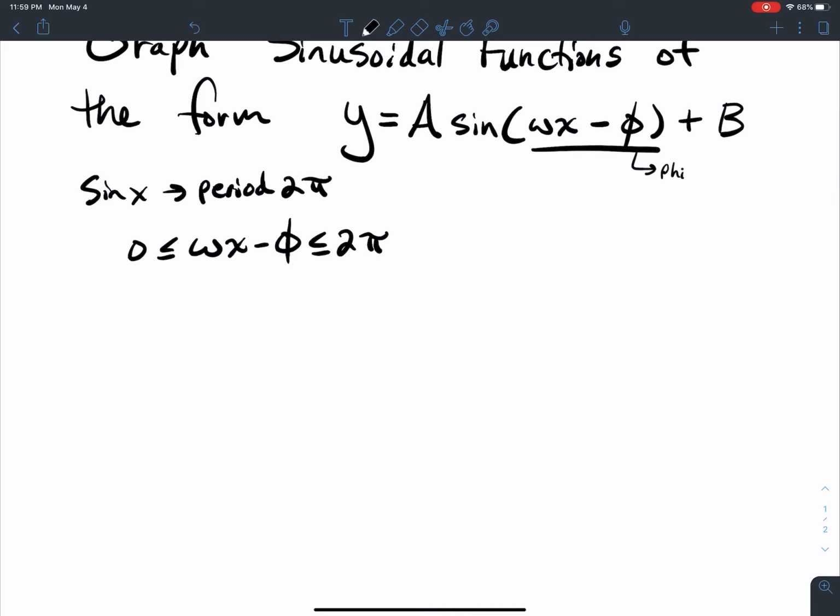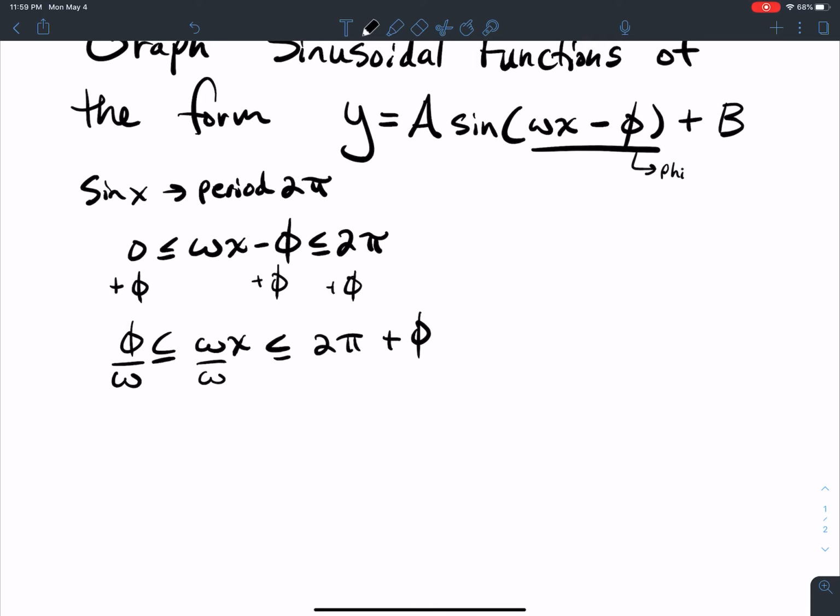And now if I solve for x, I add phi. So I have phi less than or equal to omega x less than or equal to 2 pi plus phi. And now divide everything by omega.